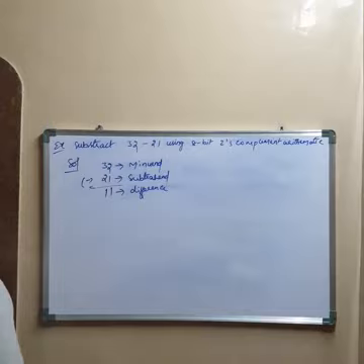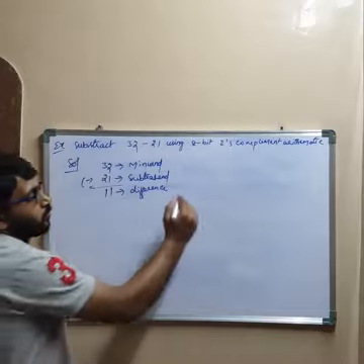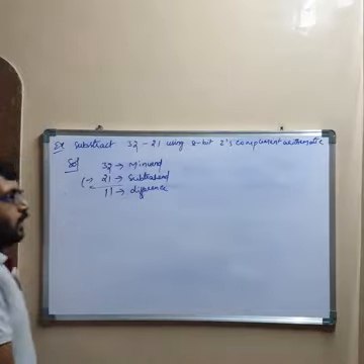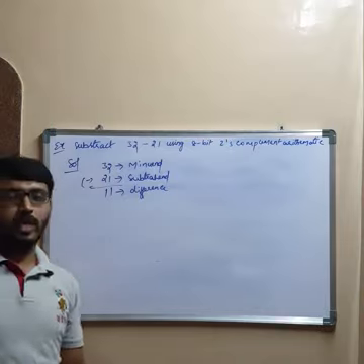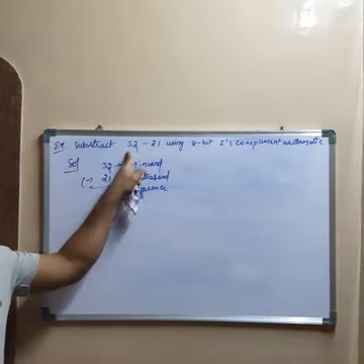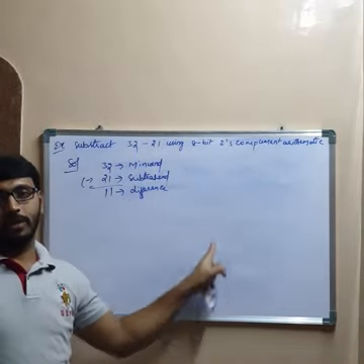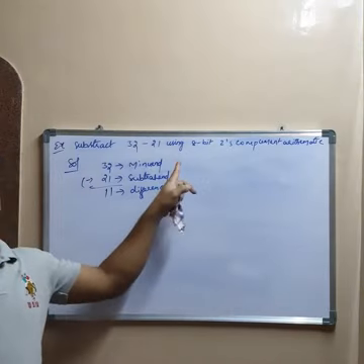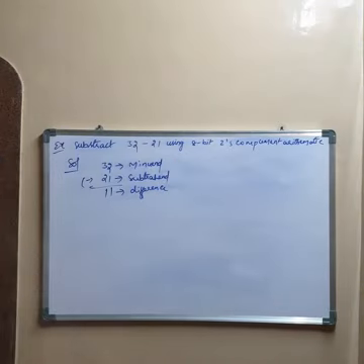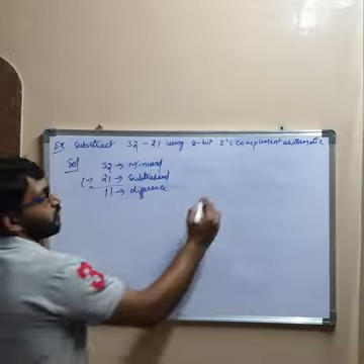So what is the binary representation of 32? In conversion also, there are two ways to convert the given decimal number into binary. One is the standard method. Whatever you have studied in your class, you can follow the standard method. Simply divide this number by 2 and note down the remainders and copy the remainders from bottom to top, right? And the second method is, I will write the weights directly here.